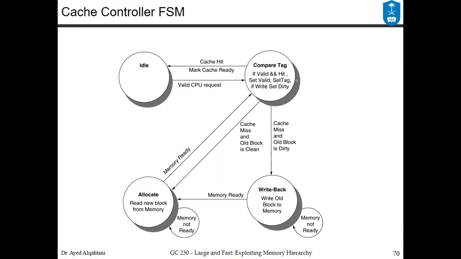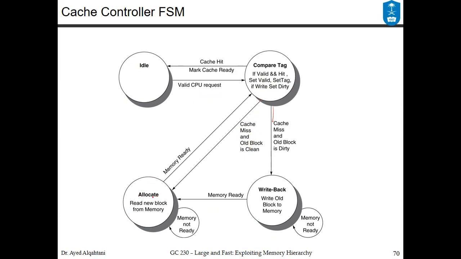Now, if you are in the compare tag state and you found that you have a cache miss, there are two ways. Either you have a cache miss and the old block that you want to replace is clean. At this point, you go to this state, which we call allocate.